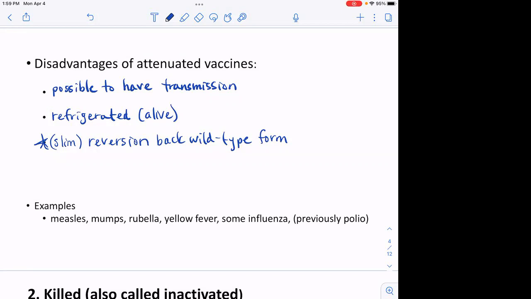Finally decided to use the Sabin one, the attenuated form. It worked a little bit better, fewer doses needed. And in fact, babies could take it orally. So it came in this little plastic tube, and you could just get babies to drink it. And one less needle prick sounds like a good thing.